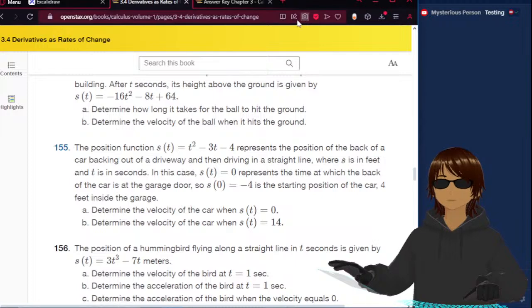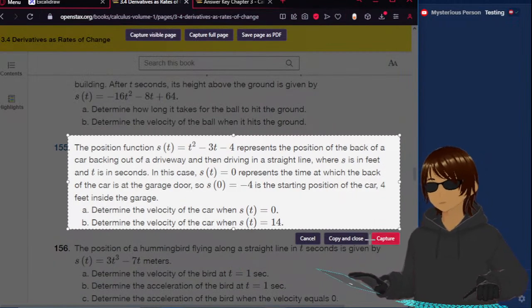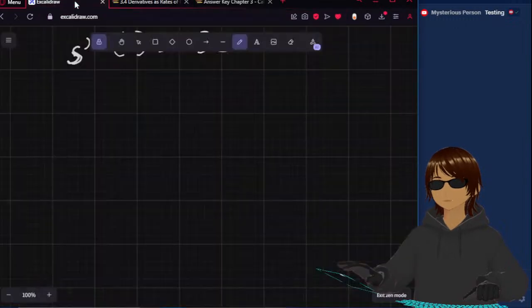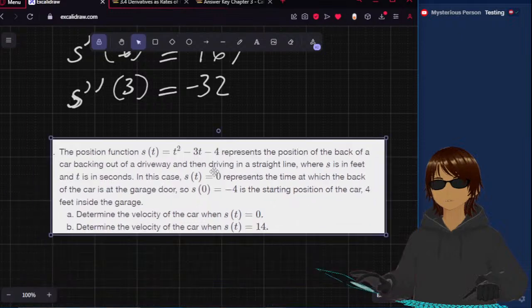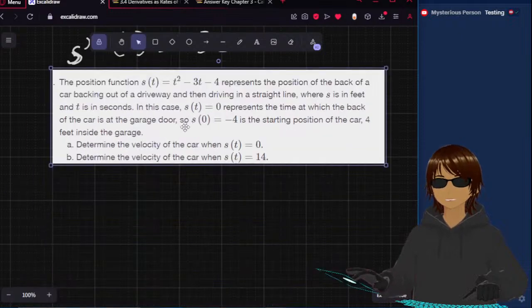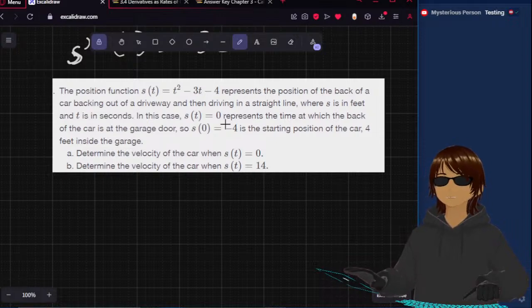Okay, next one. The position function is this. S is in feet and t is in seconds. t equal to 0 represents the time at which the back of the car is at the garage door.